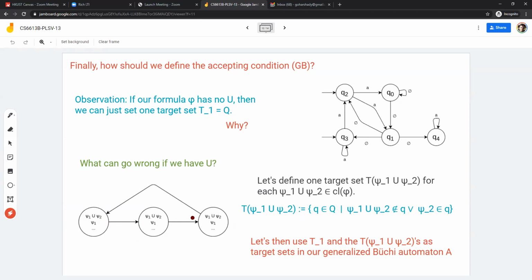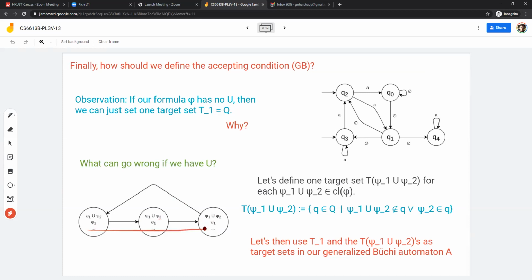In our examples, the cycle was just a self loop, but you can get into any type of cycle, and you can just say, okay, I satisfy psi1 right now, and I promise that I will satisfy psi2 in the future. Then here, again, you do the same thing. You say, I satisfy psi1 right now, I promise that I will satisfy this in the future. But you never keep the promise, and you just keep promising. So you never see psi2. And this was a bad case.